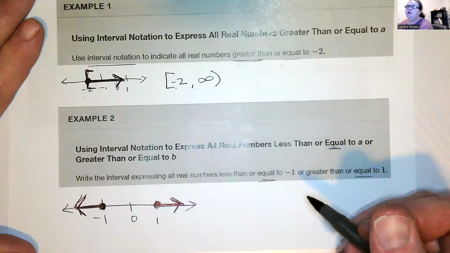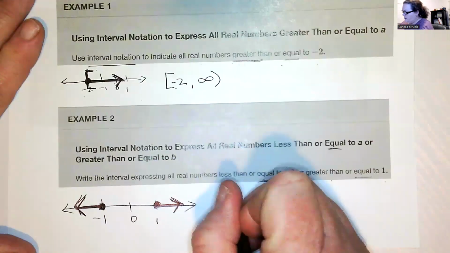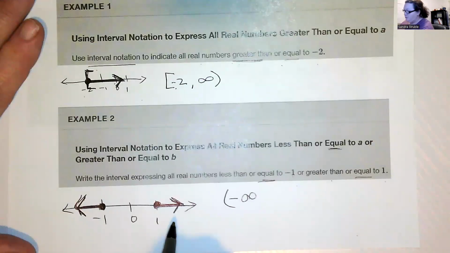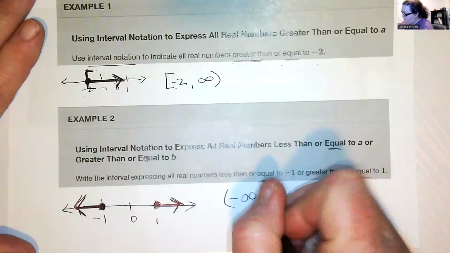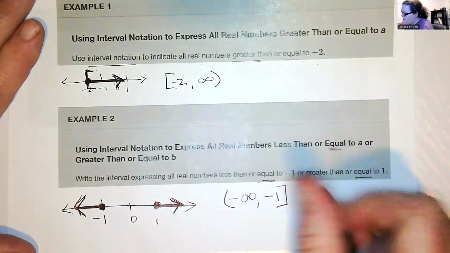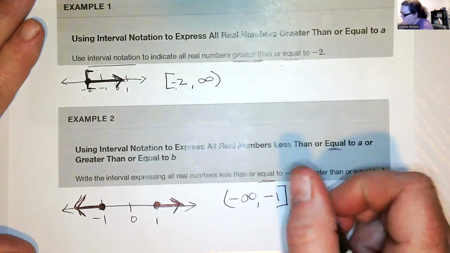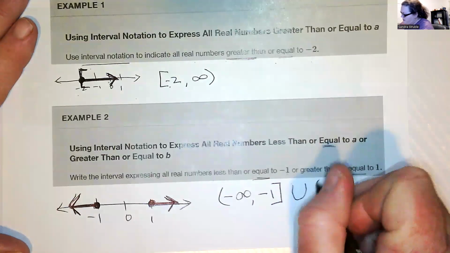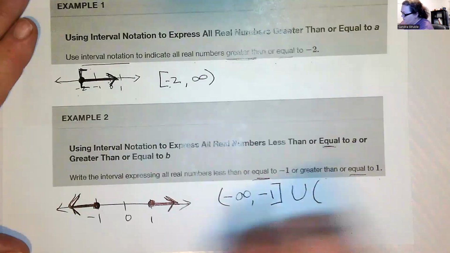So what does this look like in interval notation? Well, we've got negative infinity, because going from left to right, just like you're reading a book. Negative infinity to -1. -1 is included. Or, and the reference for or is going to be like this. And then it's going to be from 1.